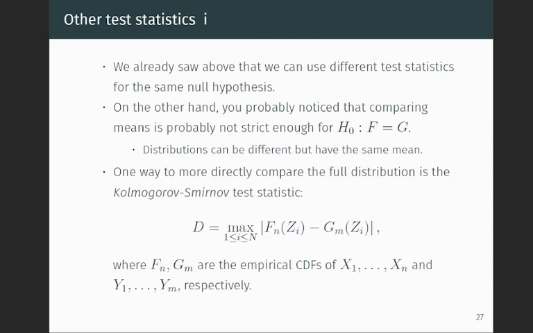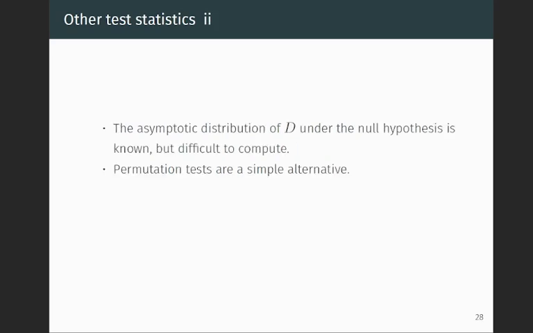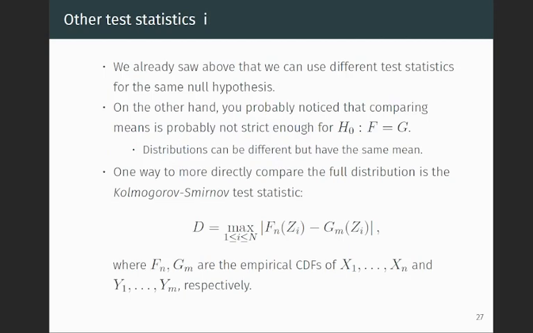The way to compute this would be to compute the empirical CDFs, then plug in all of the observed values and take the differences in absolute value. And D is defined as the maximum absolute difference. And of course, if F_n and G_m were exactly equal, all of those differences would be 0. And so that's the idea. So we would expect a very small value of D if the data was actually generated from the same distributions.